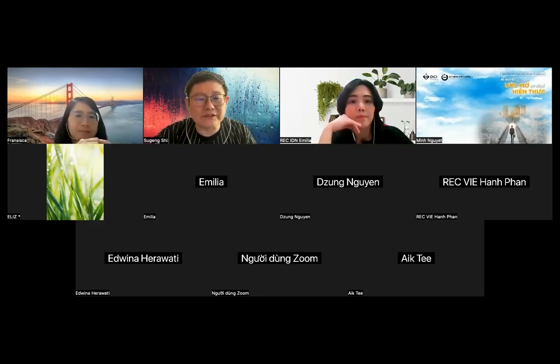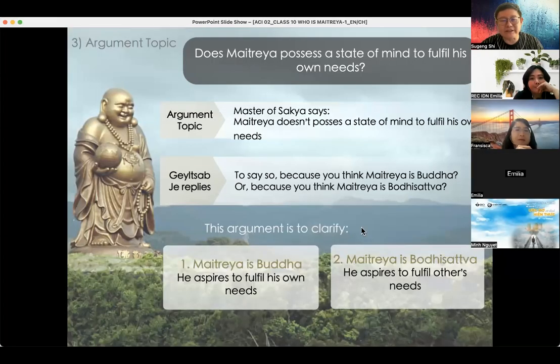So here we said that Maitreya is a Buddha, because a Buddha also has to fulfill his own needs. But the Sakya say no, Maitreya only aspires to fulfill others' needs, which means they are saying that he's a bodhisattva.